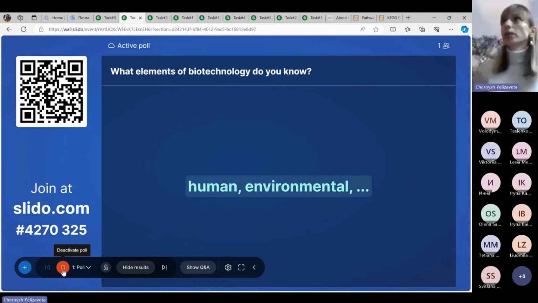Elements means, for example, that in biotechnology we have a biological part and an engineering part. Yes, we need some equipment, some apparatus, some technology.